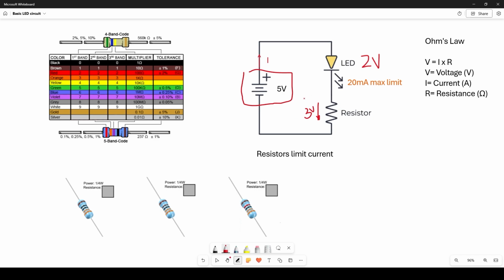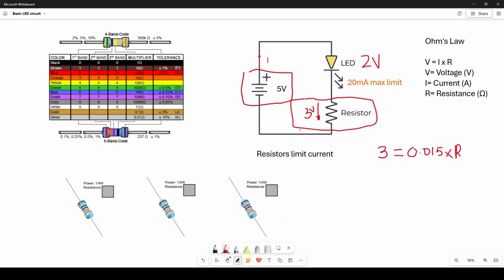Then we have to find out what the resistance value should be for this equation. The resistor is getting 3 volts, so let's write 3 equals, and we need a maximum of 0.015. The LED can bear 20 milliamps, but we'll need to stay lower than that, so 0.015 times R. Let's find out what R is.